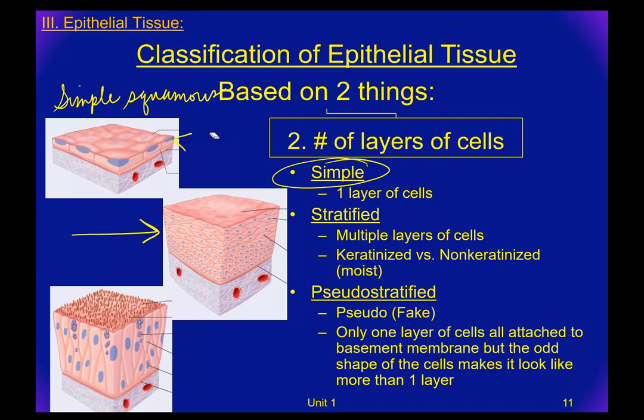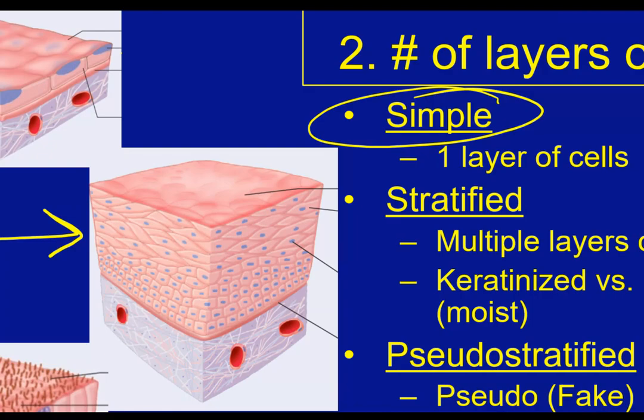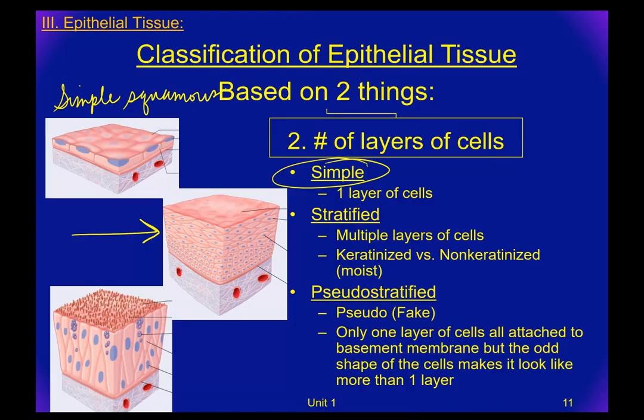Now, if you look down here at the second picture, I've got a lot of layers of cells, right? Although most of them kind of look squished. You can see that up here at the top, right? So when I have more than 1 layer of cells, the first name is going to be stratified. Okay, so instead of simple, which means 1 layer, we say stratified.